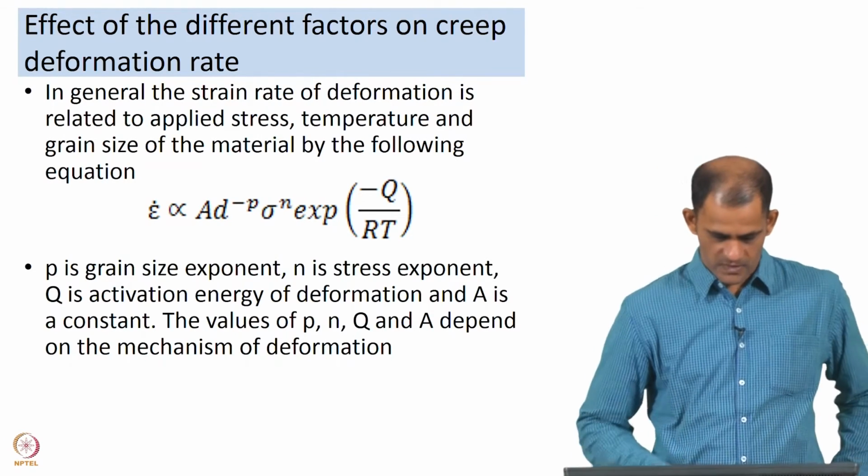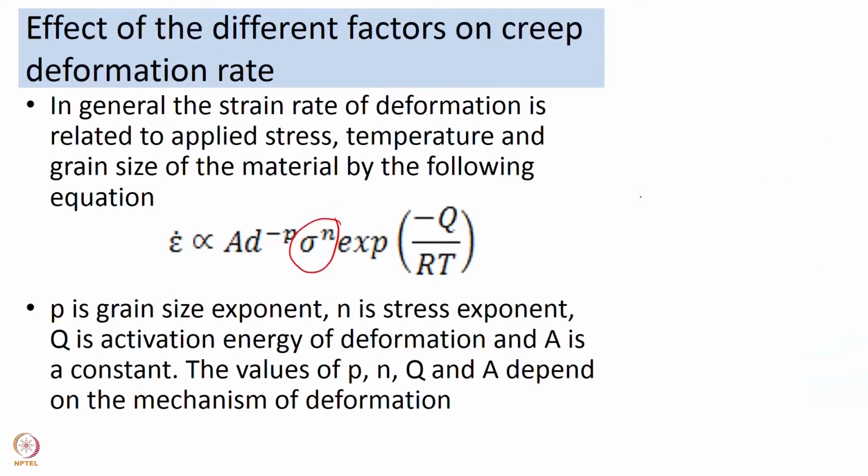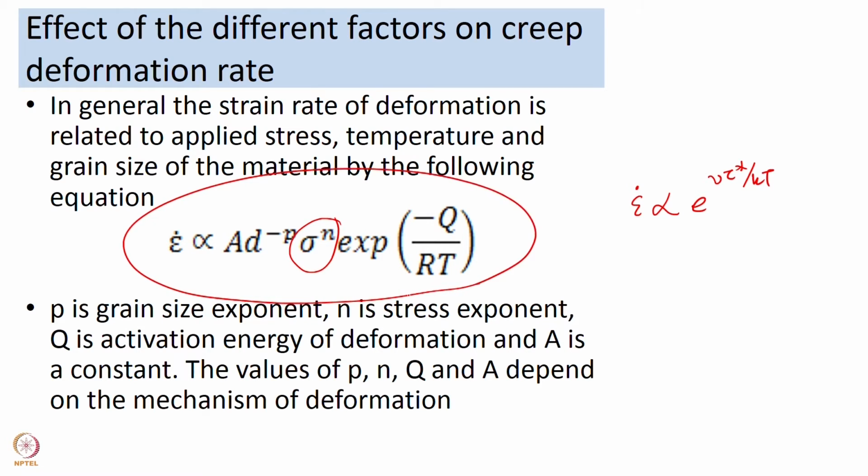Of course, one point to note here is the sigma to the power n dependence. If you remember, in the previous slide I was talking about epsilon dot being proportional to some function like that, but by and large what people have noticed is that this is the kind of relation that works, depending on the value of your applied stress and how it is related to other factors.